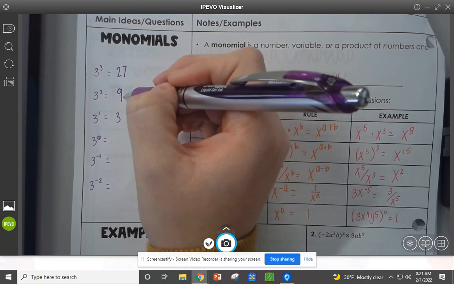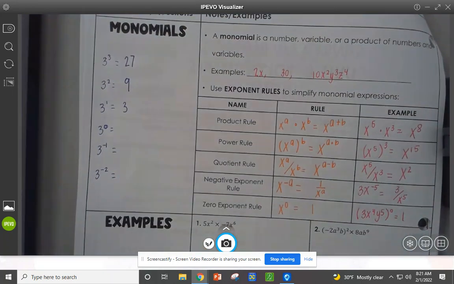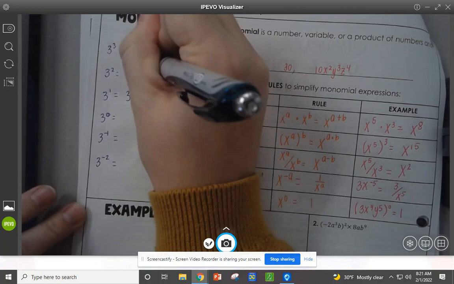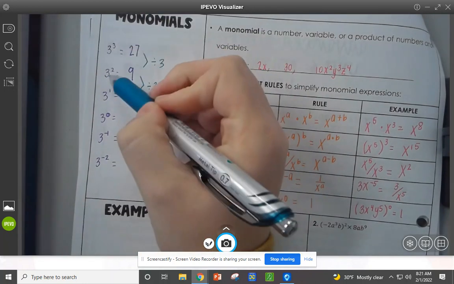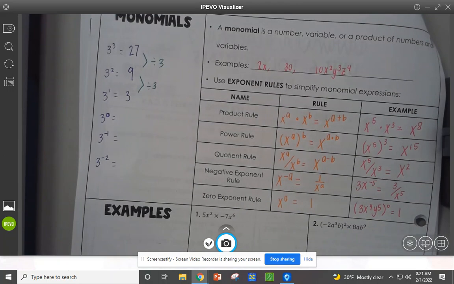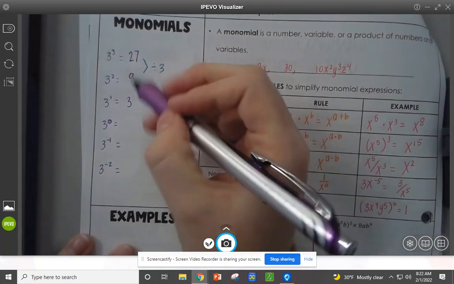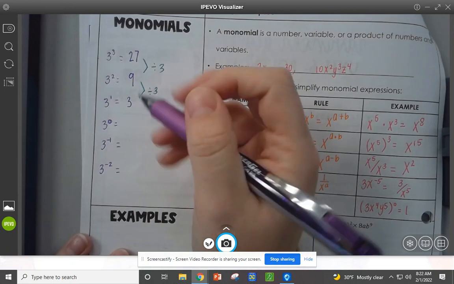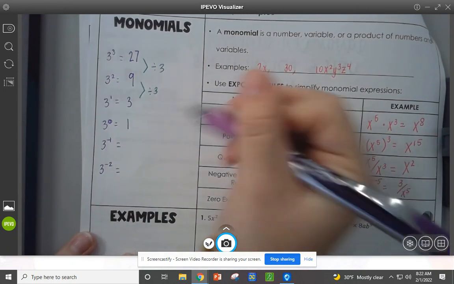From 27 to 9 to 3, what's happening? We're dividing by 3. And notice my exponents are going down each time. So if I continue that pattern, what is 3 divided by 3? 1. That's why 3 to the 0 power is 1.